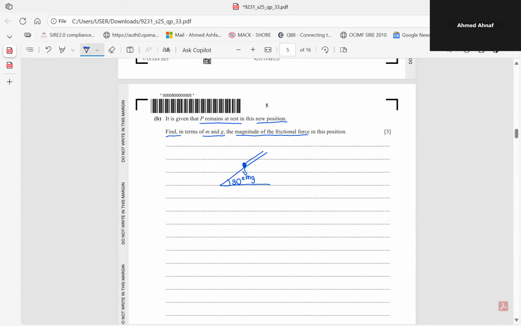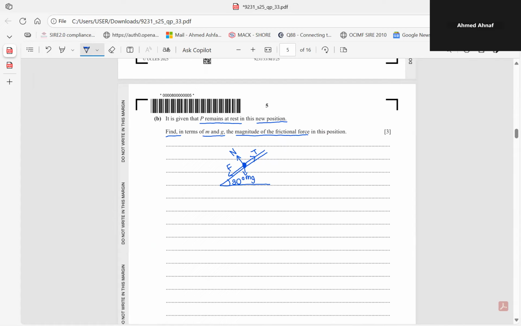Since there is a string connected to P, there is tension acting on the string that is connected to P. I'm going to assume that it's acting here. And then obviously we got the normal contact force acting perpendicular to the plane. And lastly, we can say the frictional force is acting here.